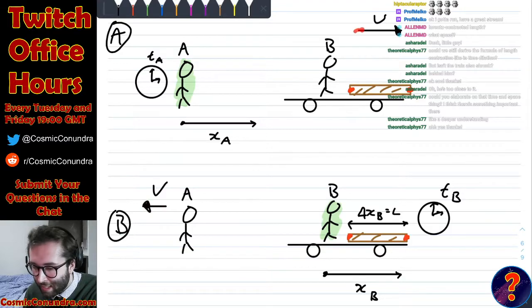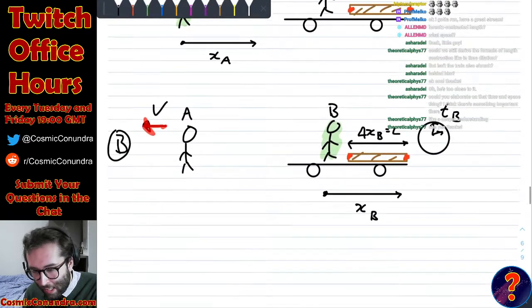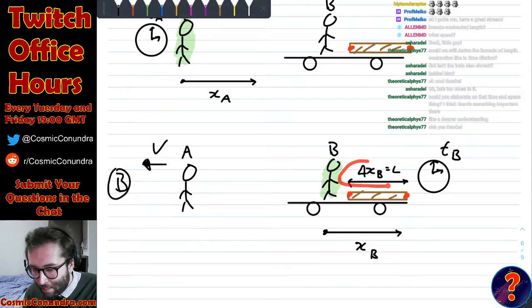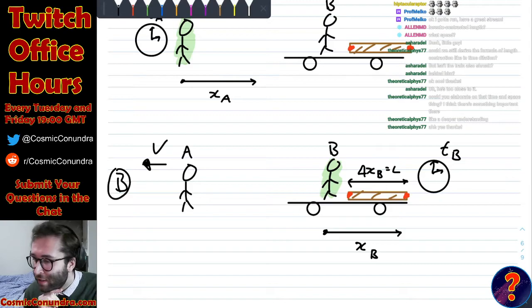So person A sees person B moving to the right with speed v, and person B sees person A moving to the left with speed v. And we defined this length L to be the spatial distance that person B measures between either end of this one log.